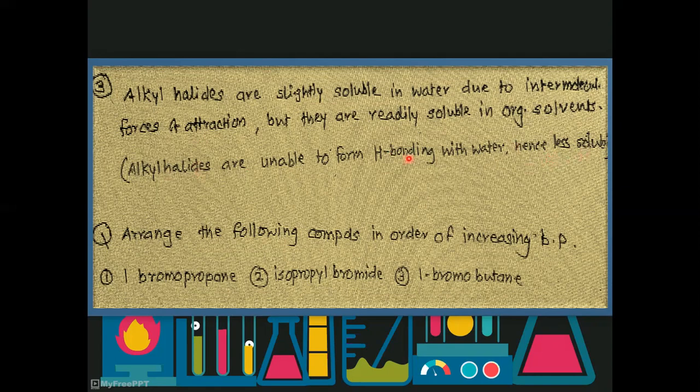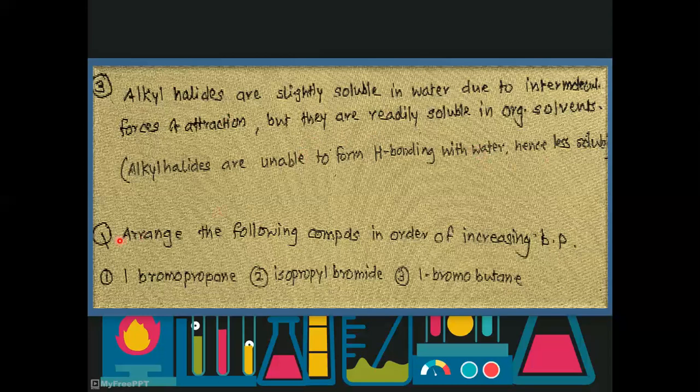Solubility in water means formation of a hydrogen bond with that compound, between the partial positive charge of water's hydrogen and the partial negative charge of the dissolving molecule. Here it is unable to form H bonding with water, and hence these alkyl halides are slightly soluble in water.